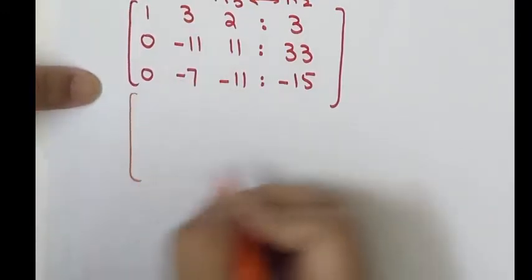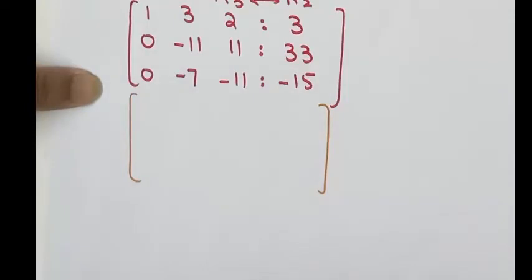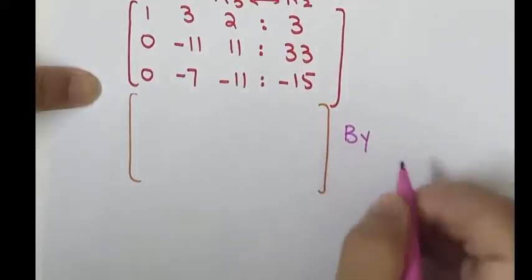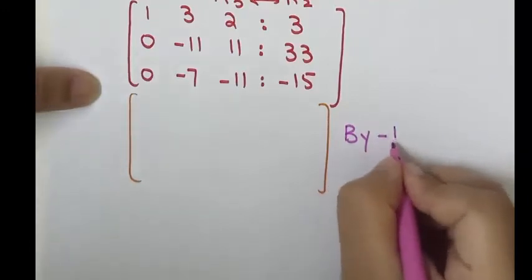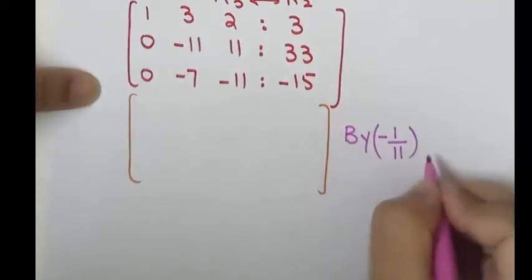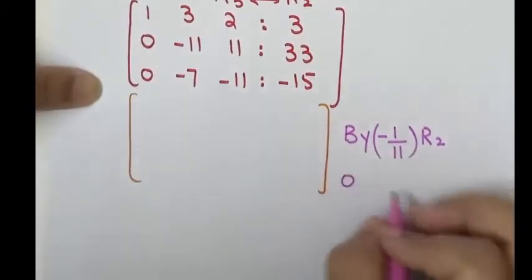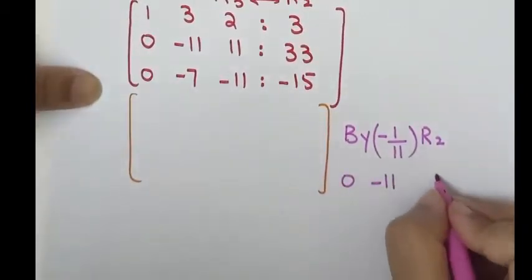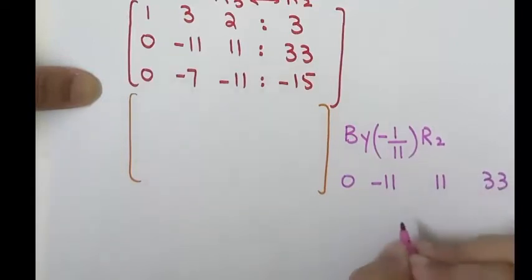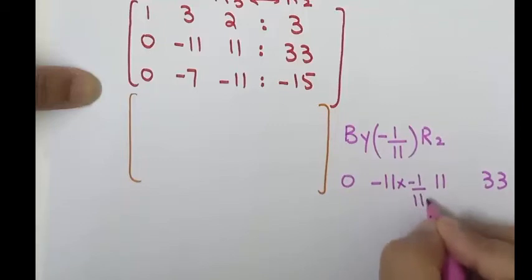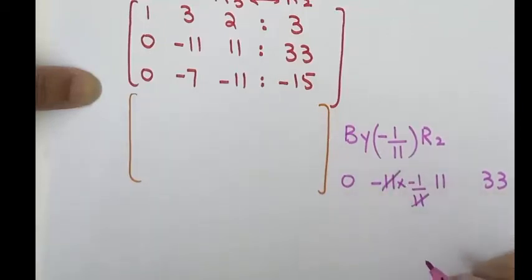So what will we do? We will multiply row 2 by minus 1 over 11. Row 2 is 0, minus 11, 11 and 33. When we multiply with minus 1 over 11, we will get 1.